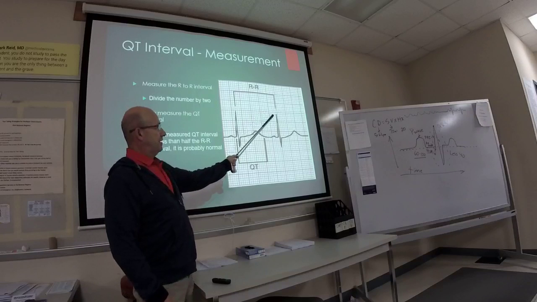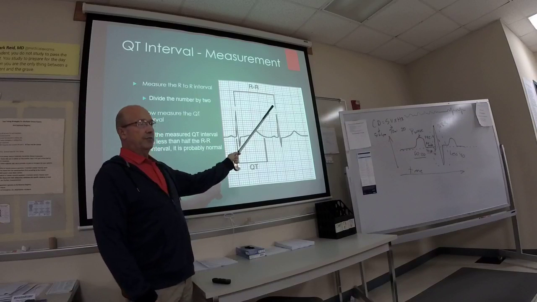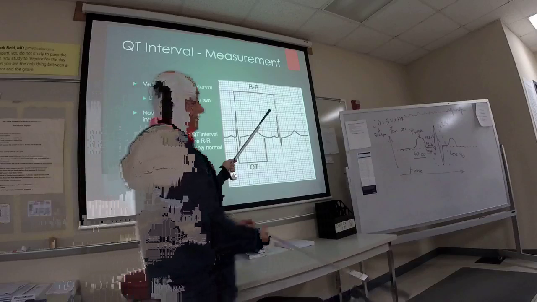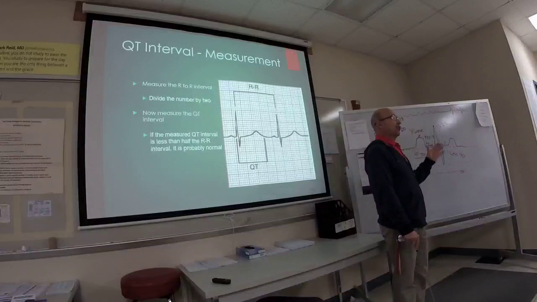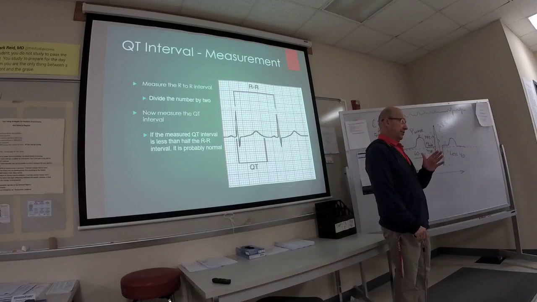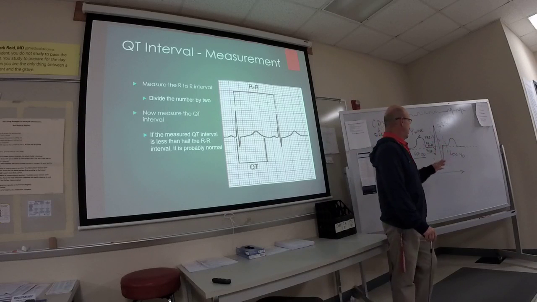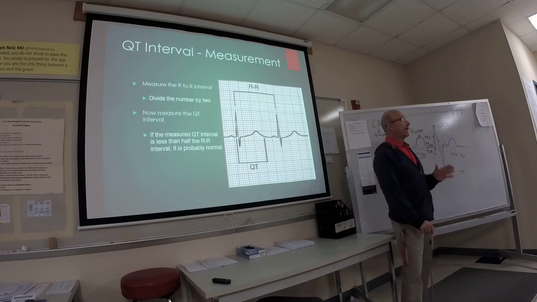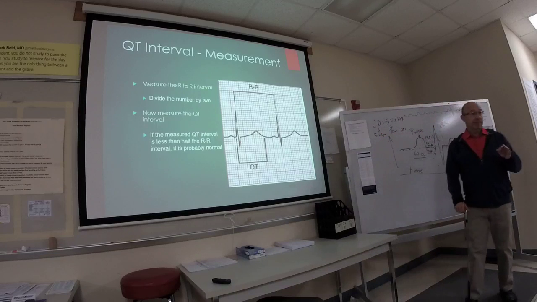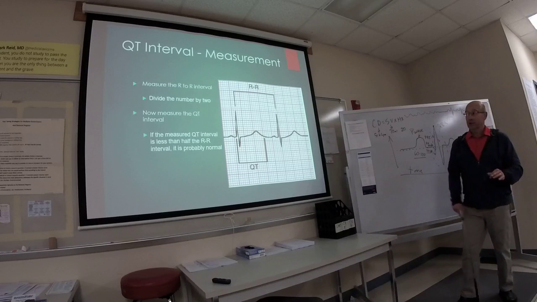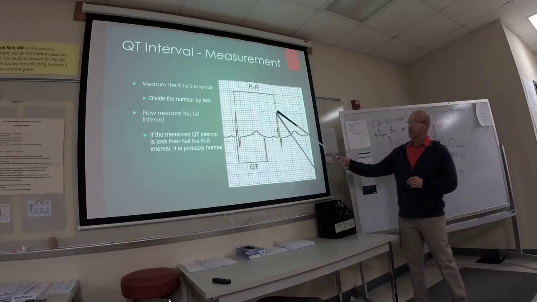This would be regular. One thing we want to look at: to be a normal sinus rhythm, the rate has to be regular. It can't be irregular, correct? So it has to be between 60 and 100 at a regular rate. To see on an EKG if the rate is regular, we would march out these R to R's.